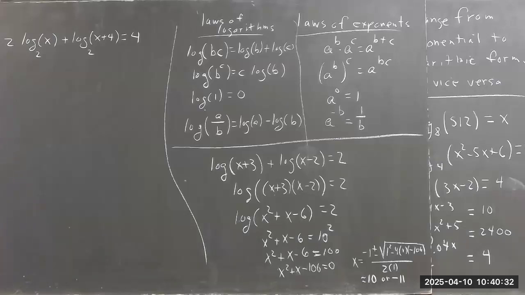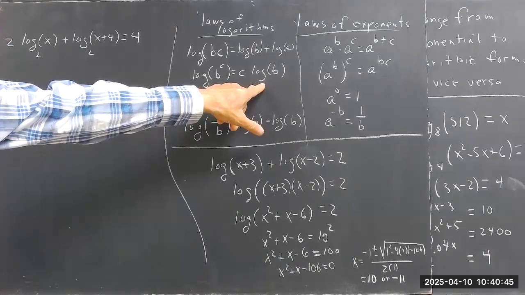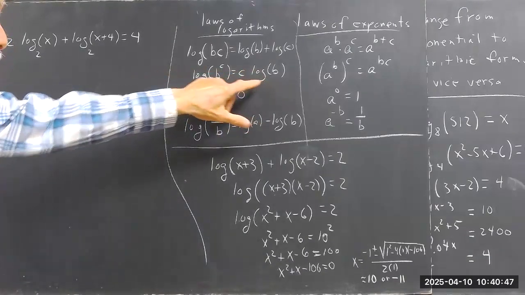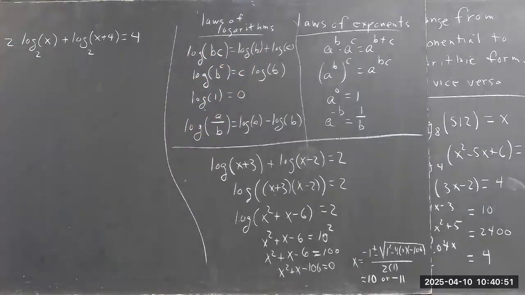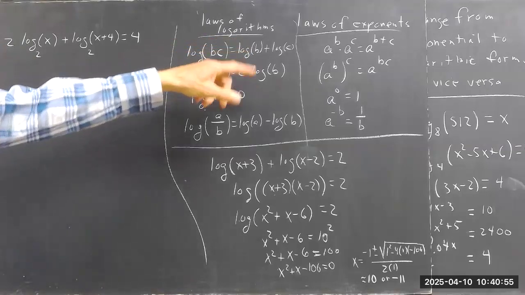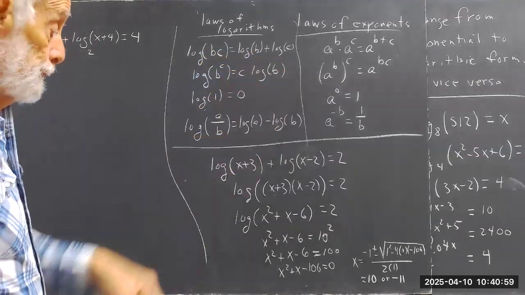I'll give you a hint since we're seeing this for the first time. This is of this form. So you have to use this rule before you use this one. Since this has a 2 in front of it, you can't use the first rule. The first rule doesn't allow numbers in front of these logs.